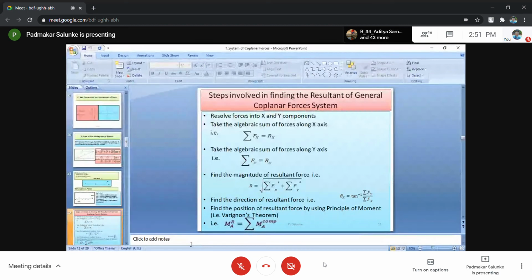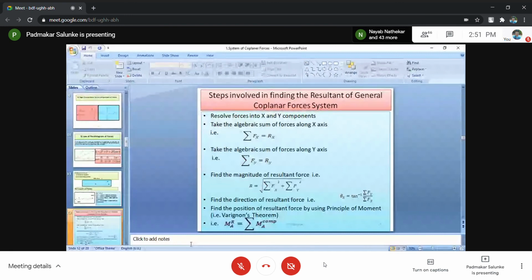What does Varignon's theorem say? For example, if there are 10 forces acting at different locations, imagine one plane sheet, or plane lamina, is given. On that plane lamina at different locations, a total of 10 forces are acting.